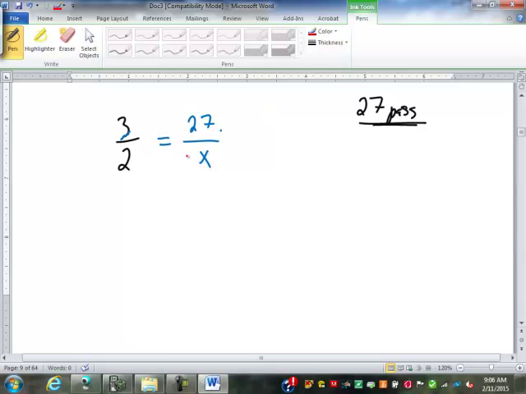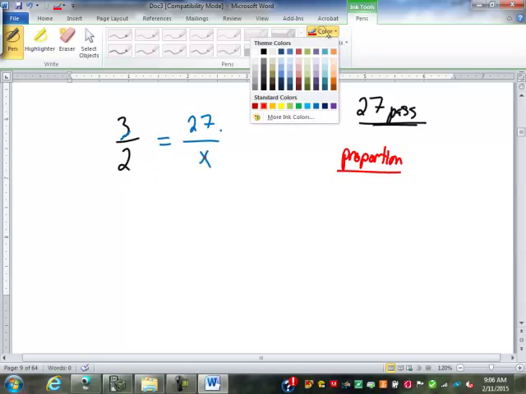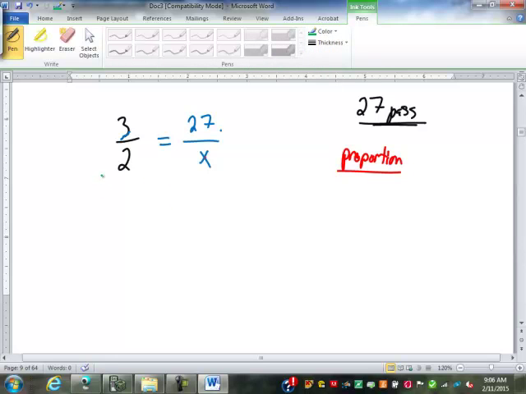So what we're going to do here, this is what we call a proportion. A proportion is just either 2 equal ratios or 2 equal rates. It can be either one. And to find the missing number, there's 2 different ways we can approach it. One is we can just flat out cross multiply. Cross multiply means we multiply on the diagonals. 2 times 27 equals 54.